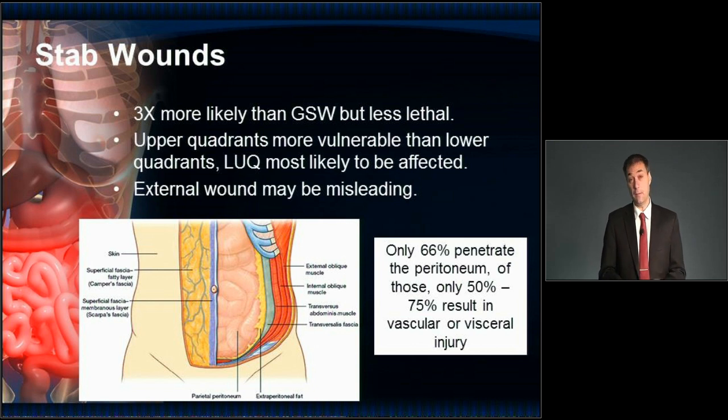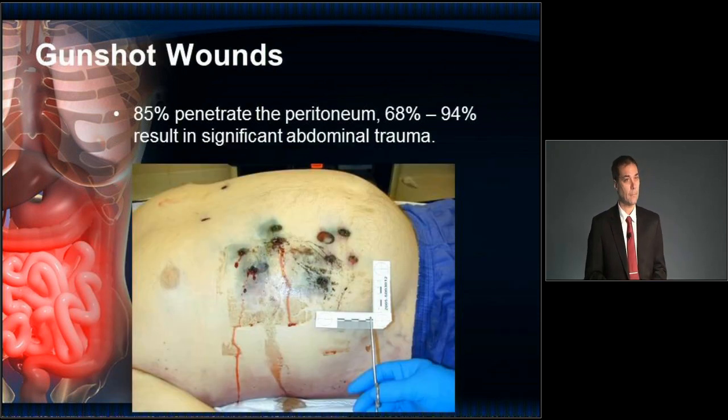So even if the peritoneum is involved, as many as half of those patients may have no injury inside the peritoneum itself. So as you can see, stab wounds can be very misleading. But remember, they can be misleading either way. What may look like a trivial wound on the surface could be catastrophic underneath if the blade moved.